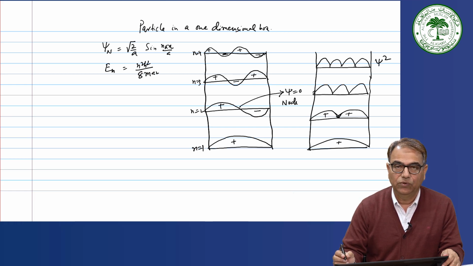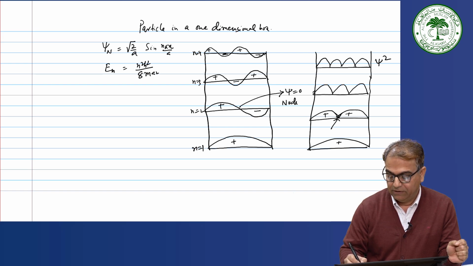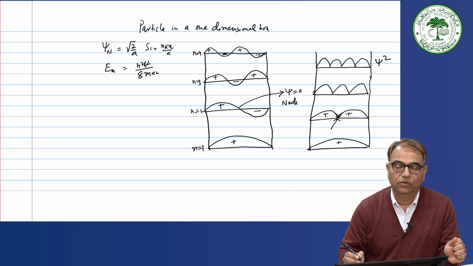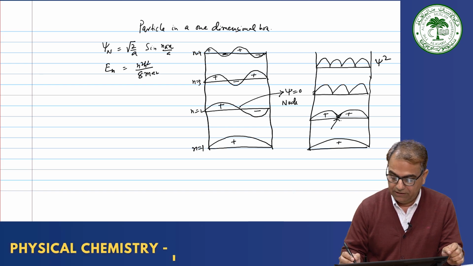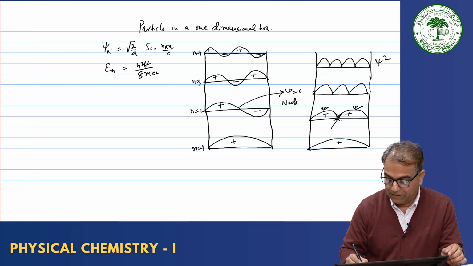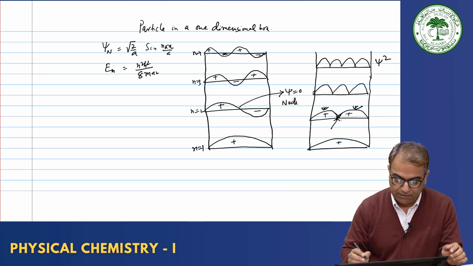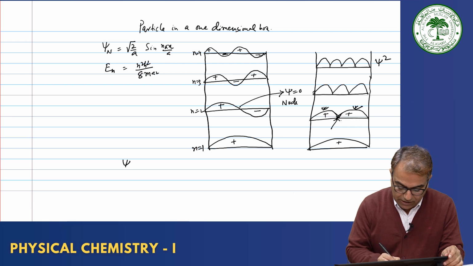And then I left you at this point, that if you look at this point, the psi square is 0. So what do you say? The probability is here also, but at this point, at one point, probability is 0. Actually not probability, we are plotting psi square, and psi square is probability density.